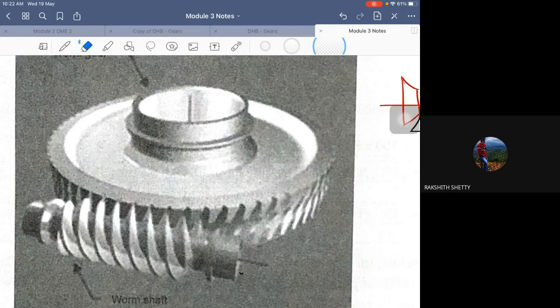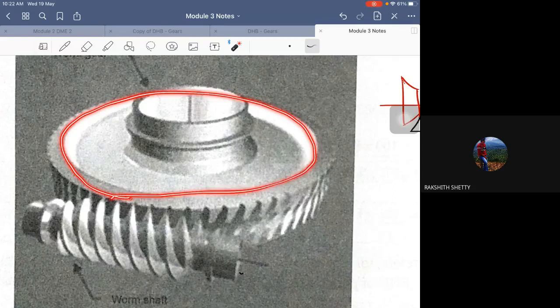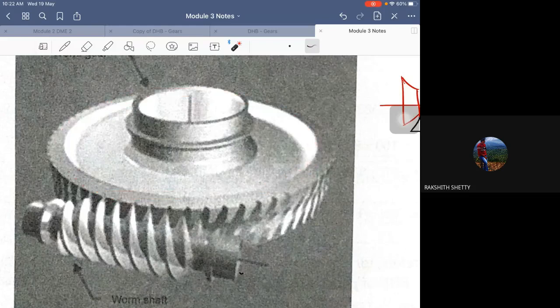Whatever it is driving, this particular worm is driving this huge wheel. This is known as a worm wheel. What is the significance of this worm gear, or a worm wheel, or a worm? Why is it so important for us? Suppose there is a pinion and there is a gear.